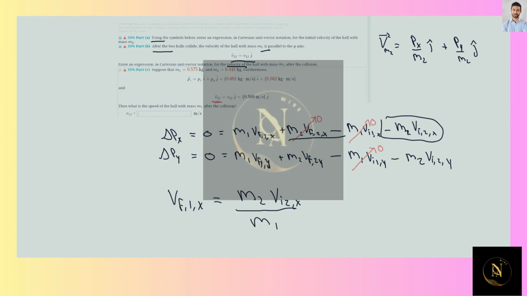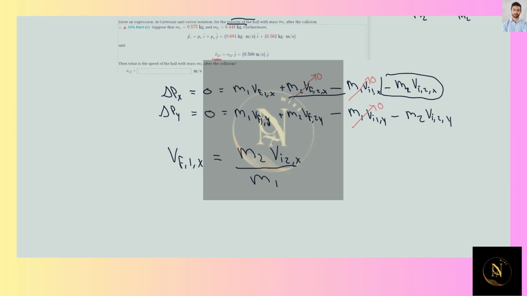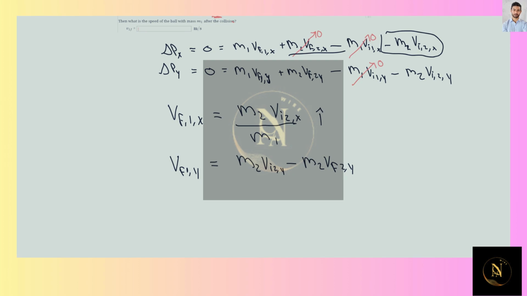And from the second equation, the final velocity for mass 1 on the y-axis would be equal to m2 initial velocity for 2 on the y direction minus m2 final velocity for 2 on the y direction, and all of this divided by mass 1.